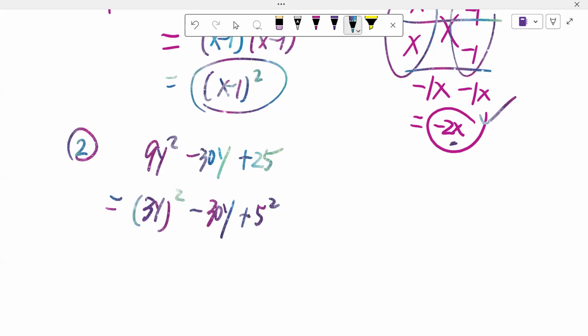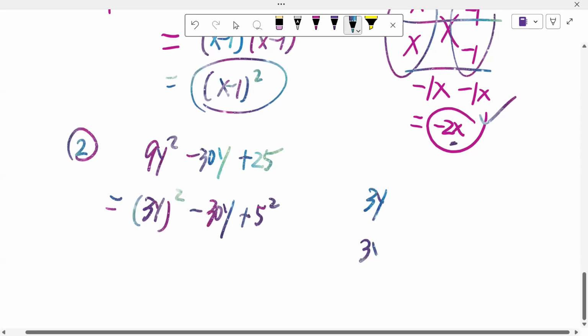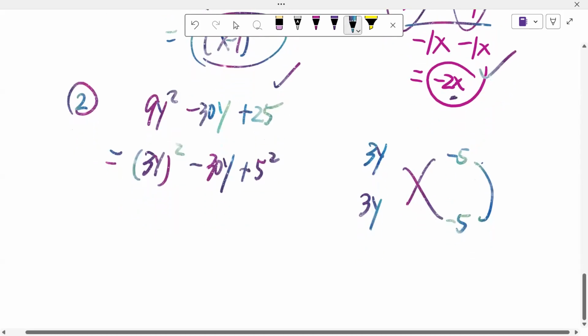So now let's factor, right? 3y and 3y. And the last one has to be both minus, right? Minus 5 and minus 5. Multiply them, you get 25. When you cross multiply, you get minus 15y, minus 15y. And then combine them, you get minus 30y.